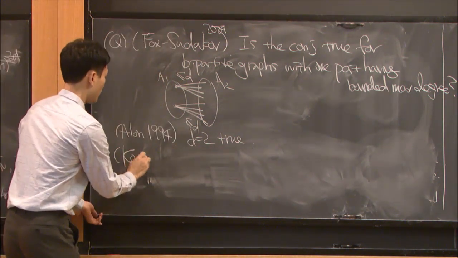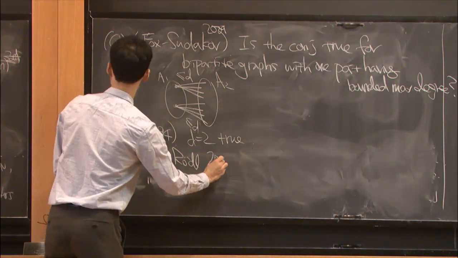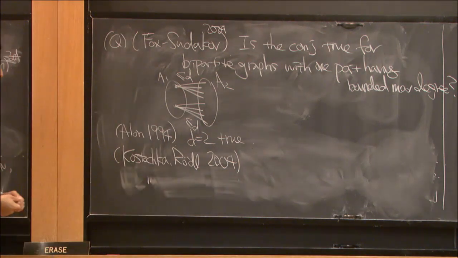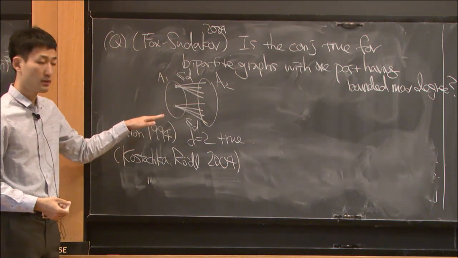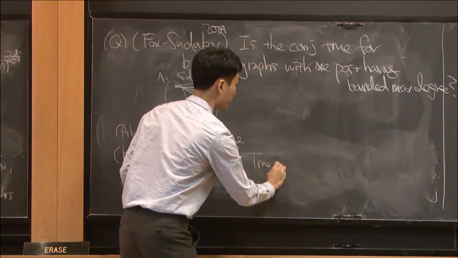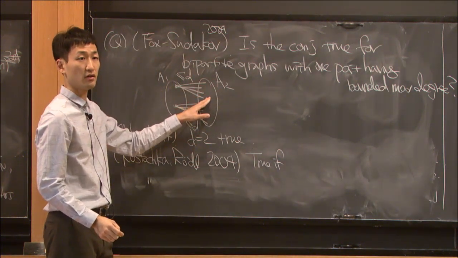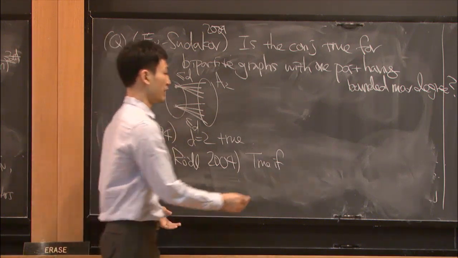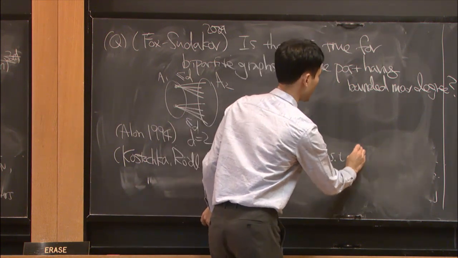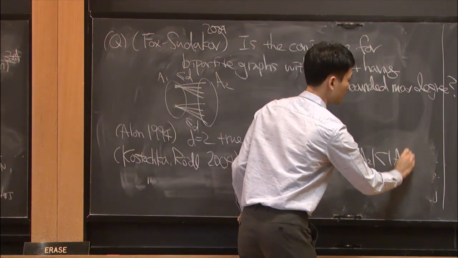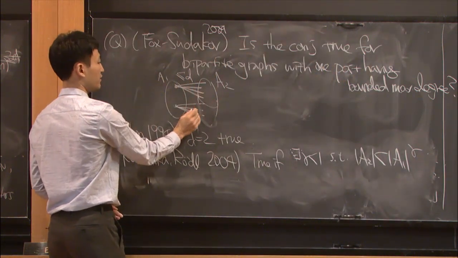And then Kostochka and Rödl, I think in 2004, proved that this case is true if the number of vertices with unbounded degree is significantly smaller than the number of vertices with bounded degree. Namely, if there exists a gamma less than 1 such that A2 is less than A1 to the gamma. This is the wrong picture. A2 has to be smaller than A1.